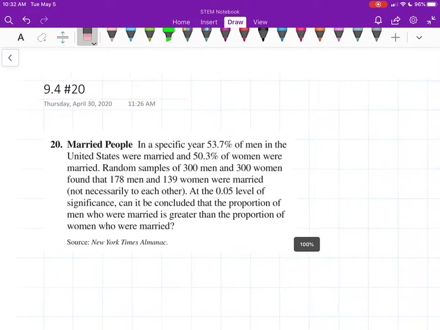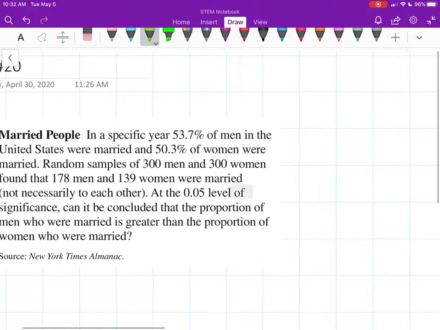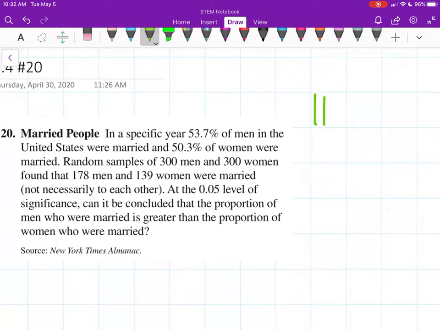So our first step here is to determine our H0 and H1. And we're dealing with proportions here because it says, can it be concluded that the proportion of men is greater than the proportion of women?